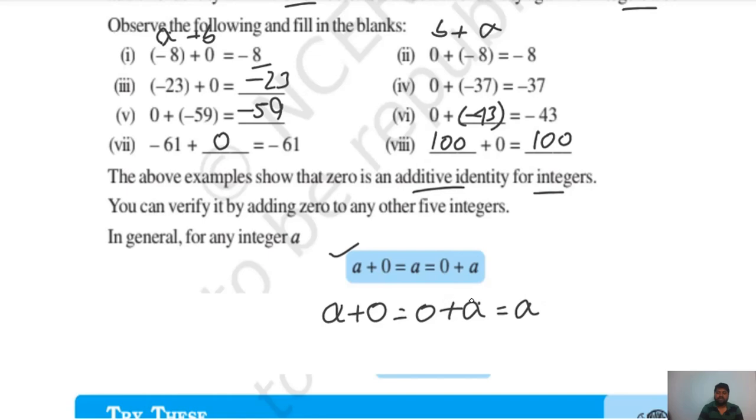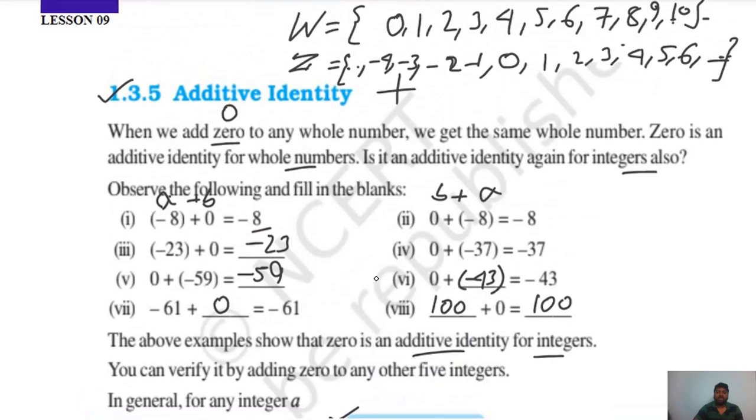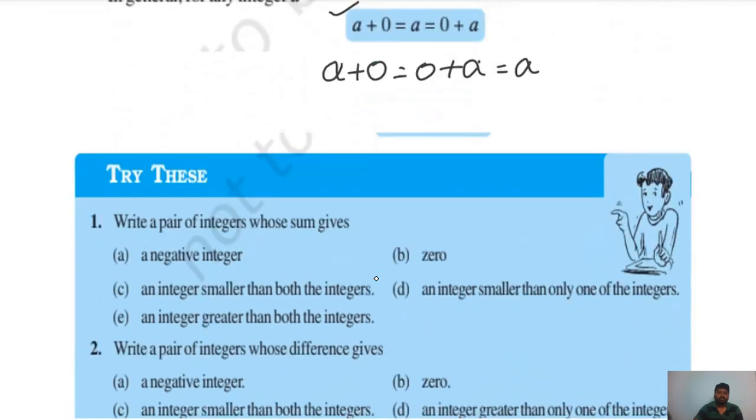This is the same. 0 cannot differ with this addition property. So 0 is the additive identity of integers and whole numbers also.